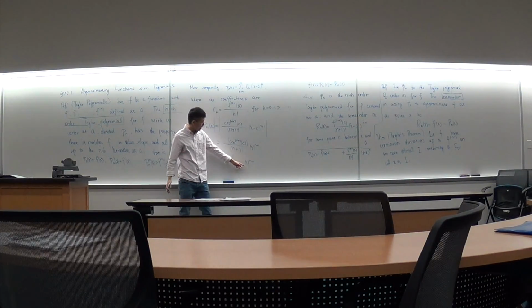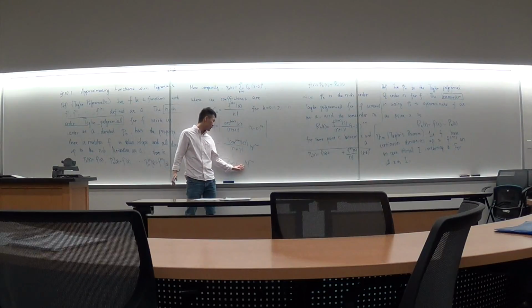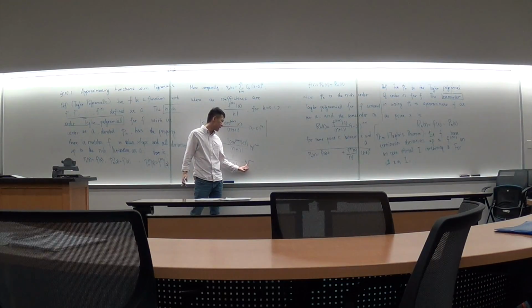But people will say, what about this x here, and what about this n here? n is the order of the Taylor polynomial, so that's how we make the error smaller. You see from this that if we increase n, the denominator is going to be bigger. Now, it seems like we get a higher power for this absolute value of x.